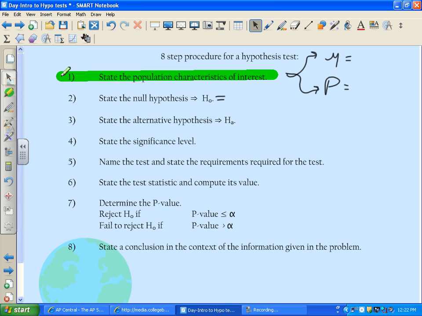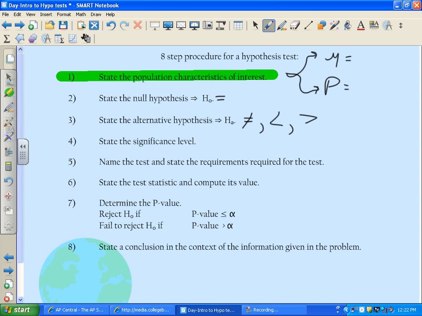How many people are familiar with innocent until proven guilty? Okay. We're going to look at it in this context to kind of make sense for you. By the way, the alternative hypothesis is always going to either be not equal to, or it's going to be less than, or it's going to be greater than.